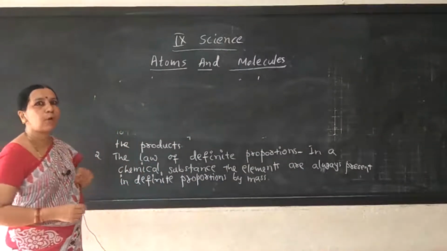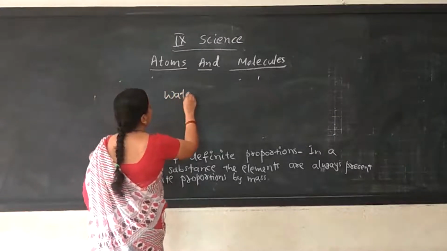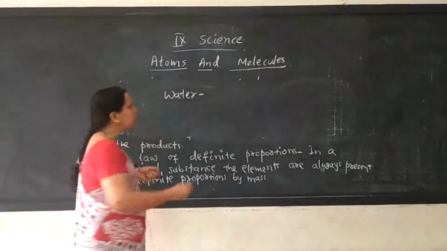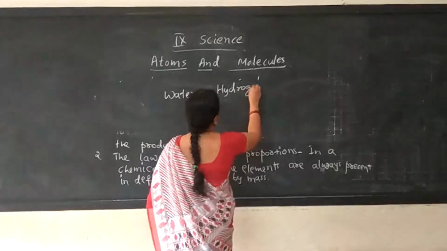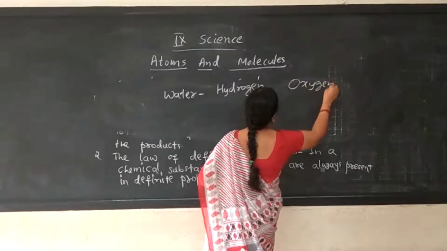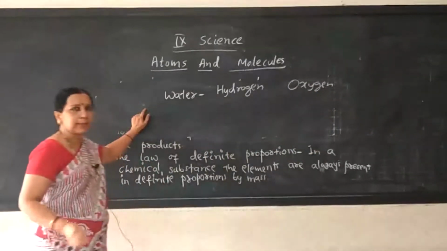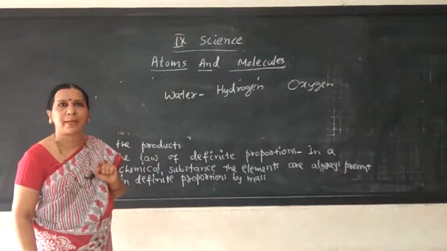But by mass, how much will it be? Water is a compound made up of hydrogen and oxygen. The law states that water consists of these two elements in definite proportion by mass.